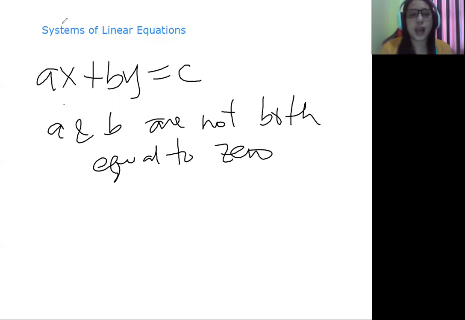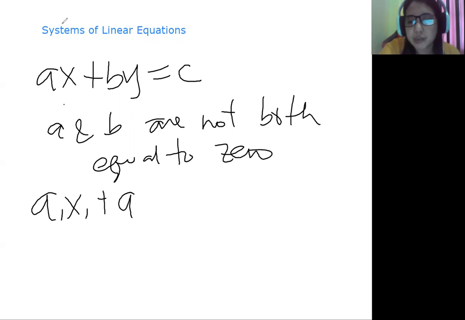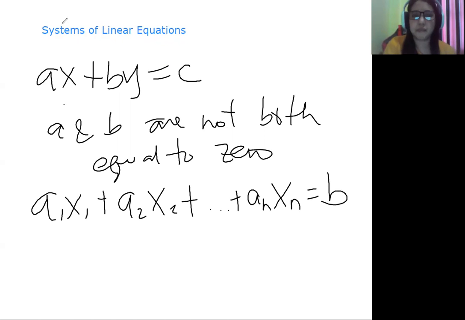Now we can also have a linear equation in variables x sub 1, x sub 2 until x sub n, and this can be written as a sub 1 x sub 1 plus a sub 2 x sub 2 plus, until of course our last term, a sub n x sub n is equal to b. b is a constant term, and the coefficients of our variables x sub 1, x sub 2 until x sub n are a sub 1, a sub 2 until a sub n respectively.